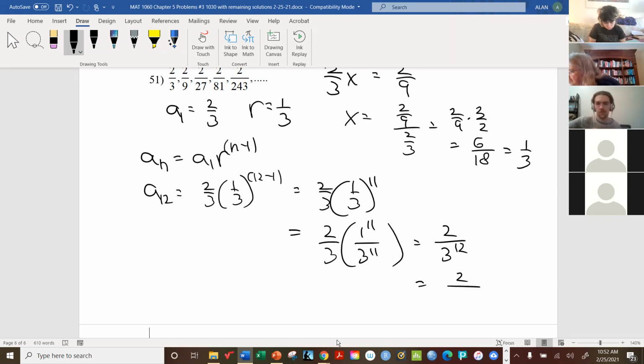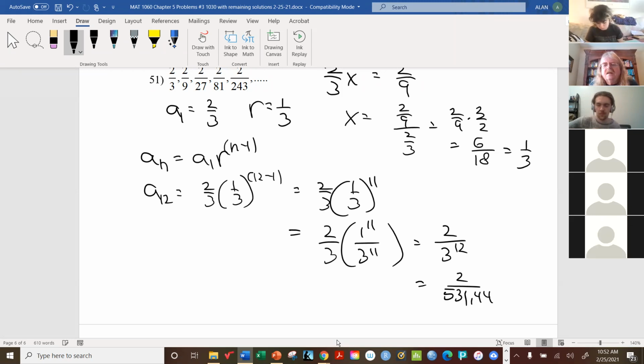So you've got, see, 3 to the 12th is going to be, now I think we saw this earlier, 3 to the 12th is 531,441. I have a question. Go ahead. So how did 3 to the 11th power become 3 to the 12th power?